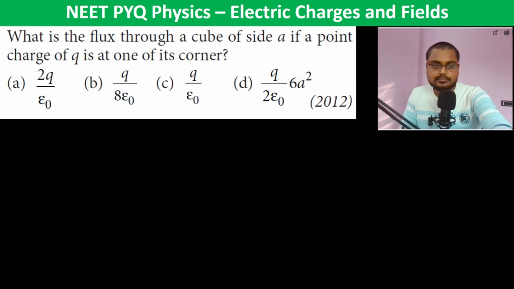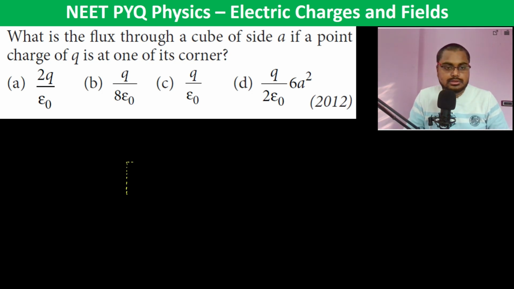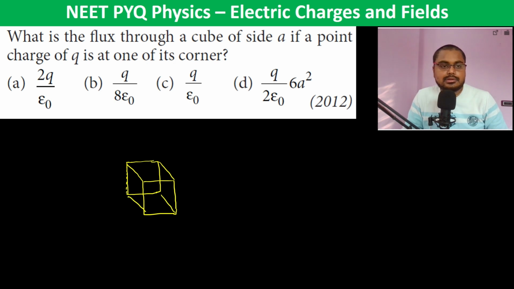Thank you. What is the flux through a cube of side A? So we have this cube, and a point charge of Q is at one of its corners. Now at one of the corners we have a point charge.